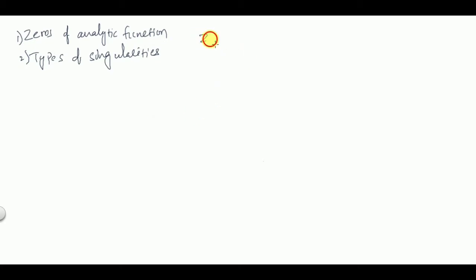Right, so first of all we read about zeros of analytic function.